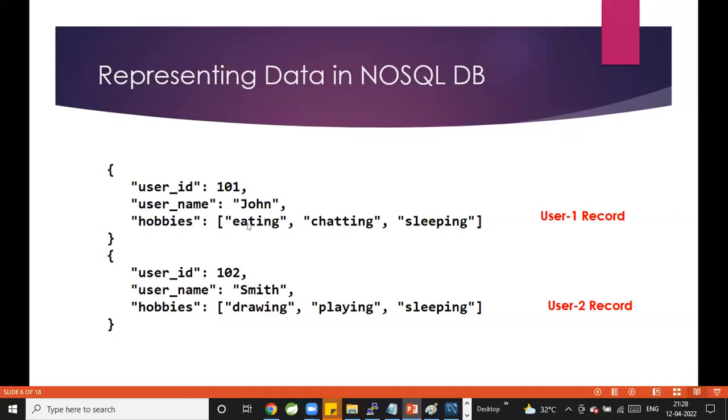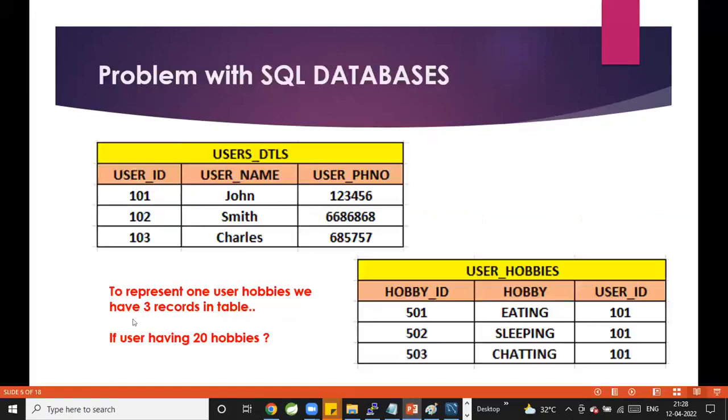Now, John, 3 hobbies are there. Am I able to represent the John record within 3 lines? How many queries are required to insert the John record now? 1 query. How many queries are required to insert the Smith record? 1. Now, 3 users are having 20 hobbies.